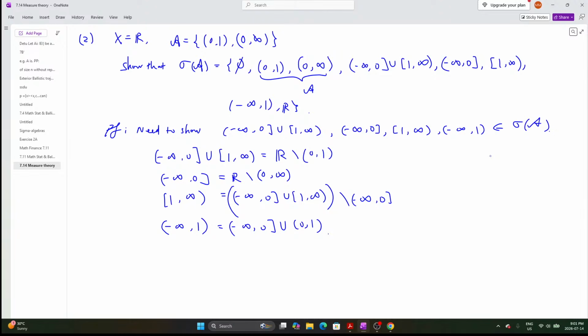But how do we show this is the smallest sigma algebra? Well, we just need to show this is a sigma algebra. That's it. Guys, is my argument correct? So here we show that every sigma algebra that contains A needs these 4 sets, in addition to the obvious ones: the empty set, the sets in A, and the whole set.